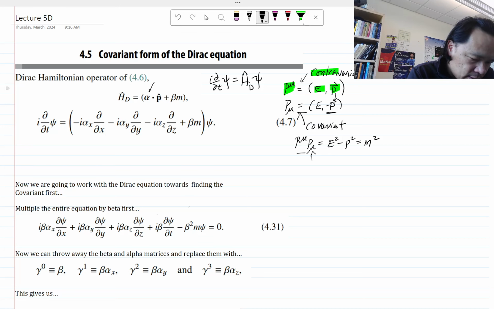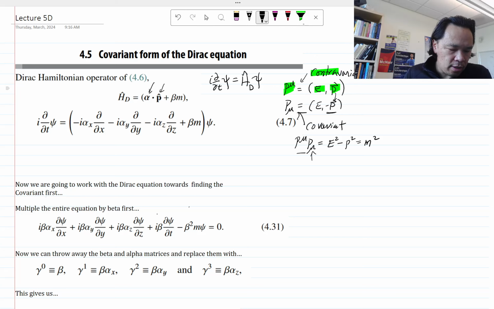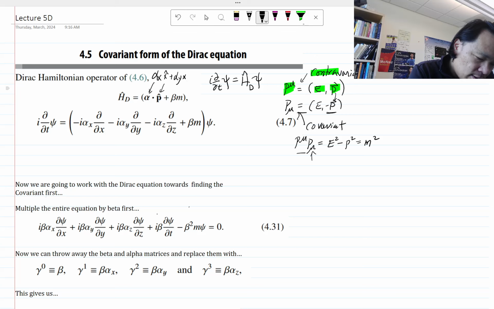The Dirac Hamiltonian is a dot product of alpha matrices, which are 4x4 matrices, each with three components: alpha x in the x hat direction, alpha y in the y hat direction, and alpha z in the z hat direction. This gets dotted with the momentum, and then you also have the mass term, which has the 4x4 beta matrix attached to it.